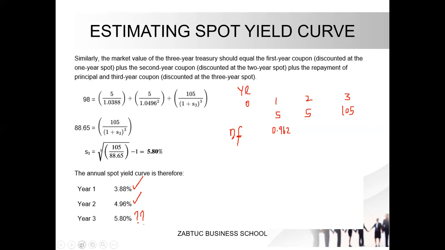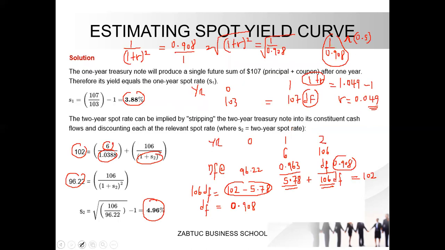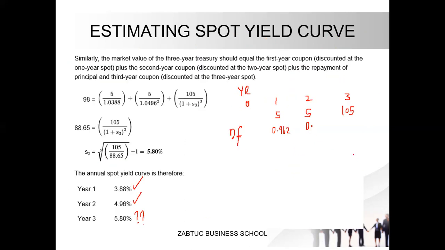You already had it. What was our discount factor from the rate you calculated? 0.908. Do you remember the 0.908? Yes. Then this is the one which is missing here.